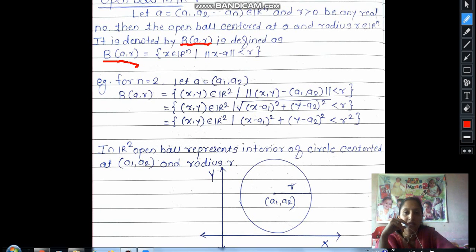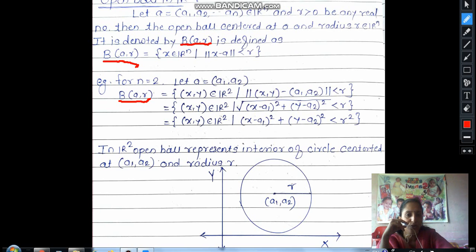That is, the distance between these two points (x, y) and (a1, a2) must be less than r. That is, (x minus a1) squared plus (y minus a2) squared is less than r squared. You get it? That is, the points included in this open ball B(a, r) are all such points (x, y) in R2 such that the distance between (x, y) and (a1, a2) is less than the radius.